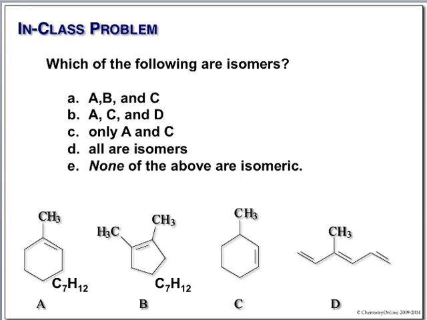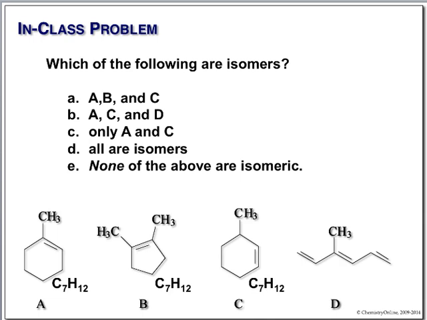Over here, if you look at A and C, they're both methylcyclohexanes, we will call those. But this one has the double bond here, this one is here. Same molecule, double bond, just a different position. So that's going to be the same formula. And finally, this one, we have 1, 2, 3, 4, 5, 6, 7 carbons, that's good.